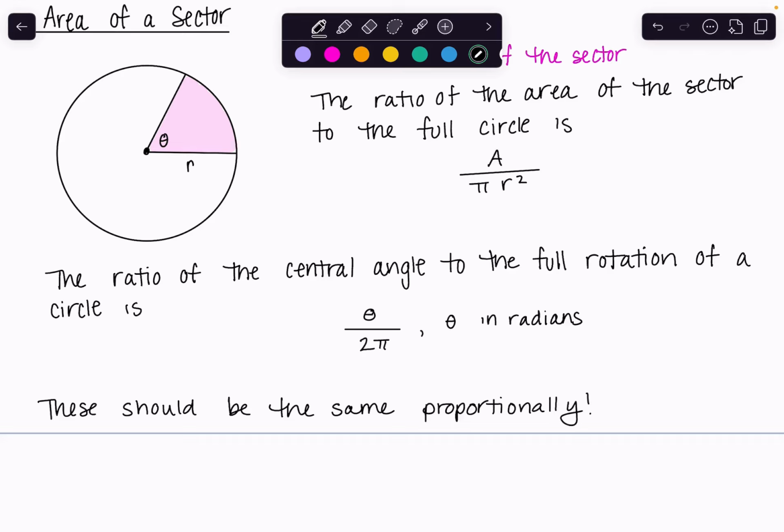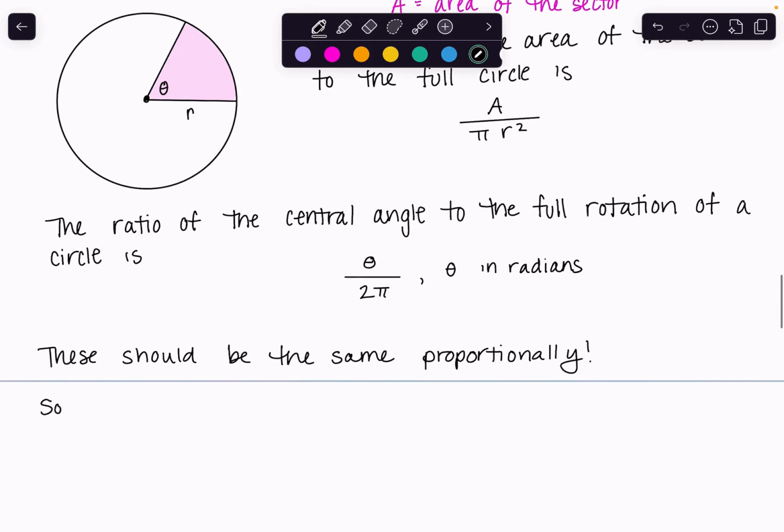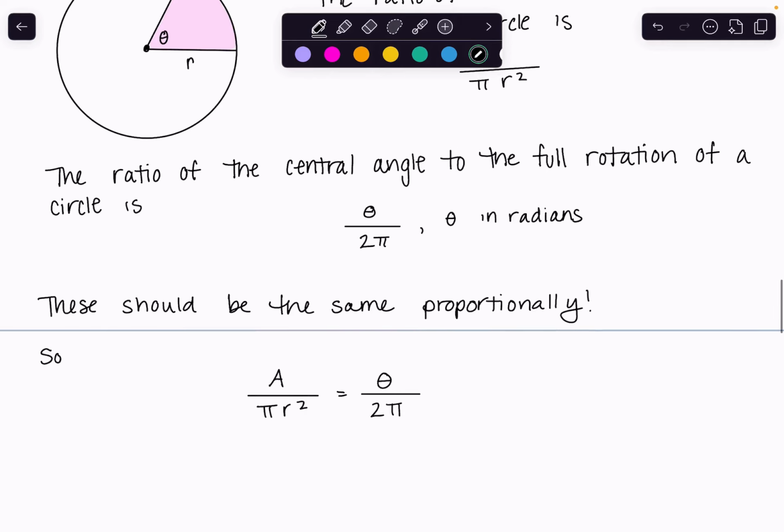So what that tells us is if I set these two things equal to each other, we should be able to utilize this to find my area. My angle is known, my radius is known, so my only unknown is the area. So to solve for that piece, we just need to get rid of this denominator.